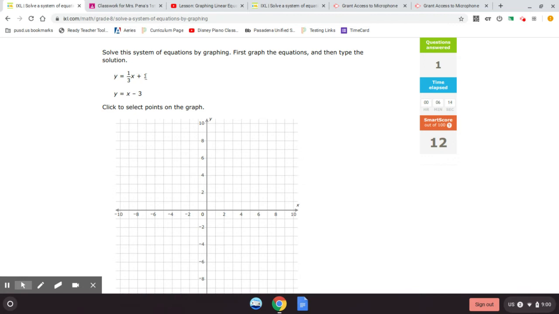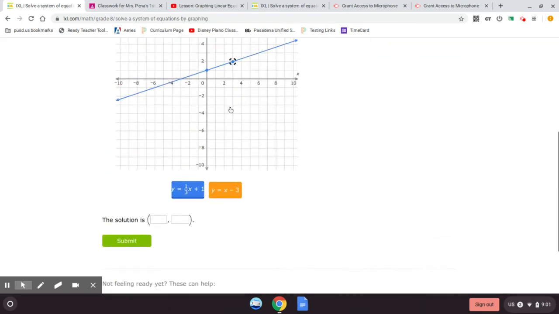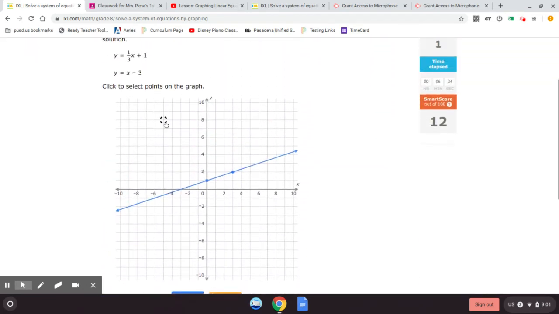So in my first equation, I see that my y-intercept is a 1 right here, +1. Okay, and then my slope is 1/3, both positive, so it's up and right. Okay, and now let's look at our second one. The second equation is going to cross at -3 because it says -3. So I go down here.